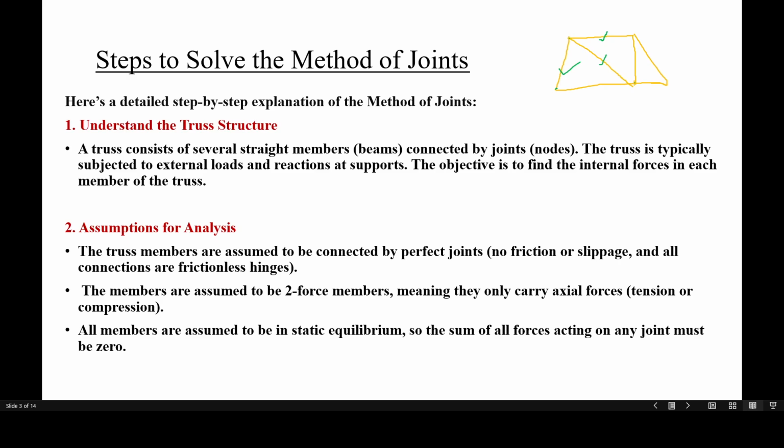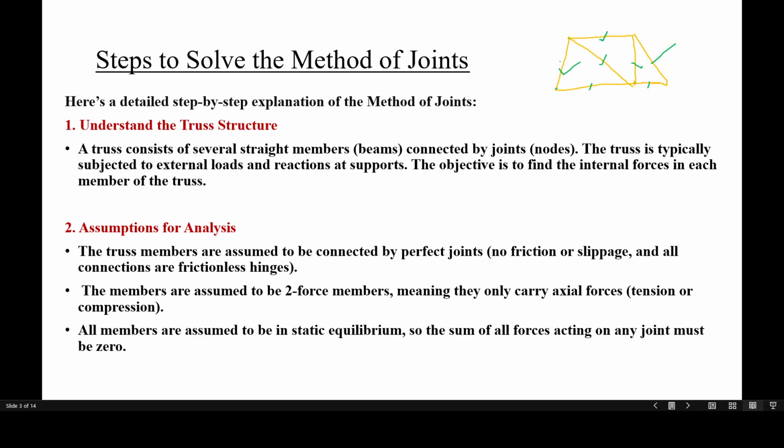This can also be referred to as the supports. And our objective here is to find the forces acting on each of the members, that is this, this, and this. The main objective here is to find the forces acting in all those members.